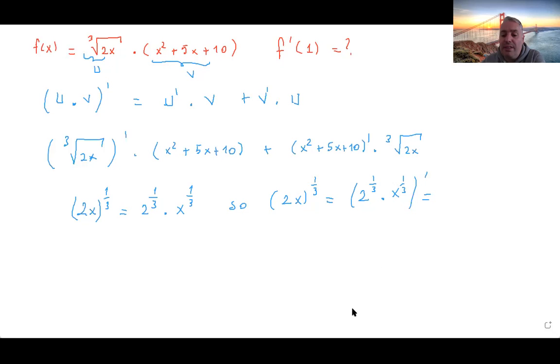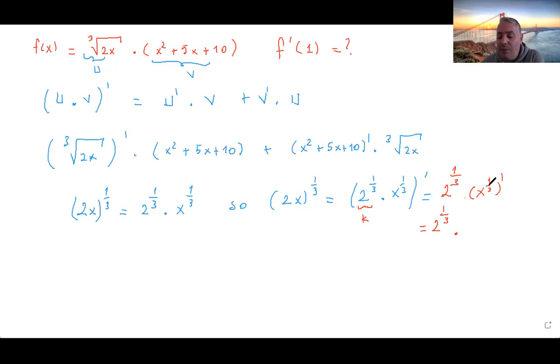Remember the property that a real number like k multiplied by a function, we take that real number out of the parentheses. So what is left? We take the derivative, and outside it is 2 to the power of 1 over 3.